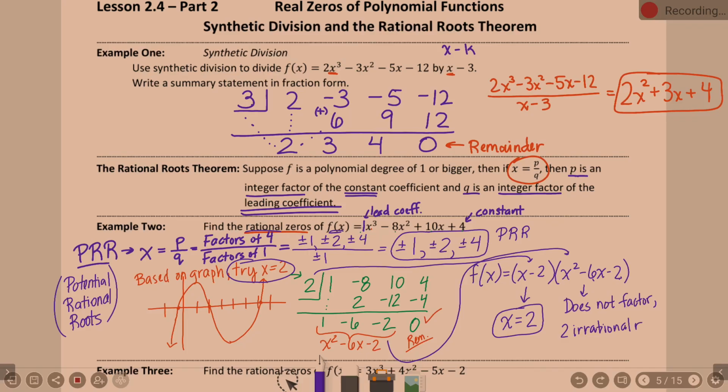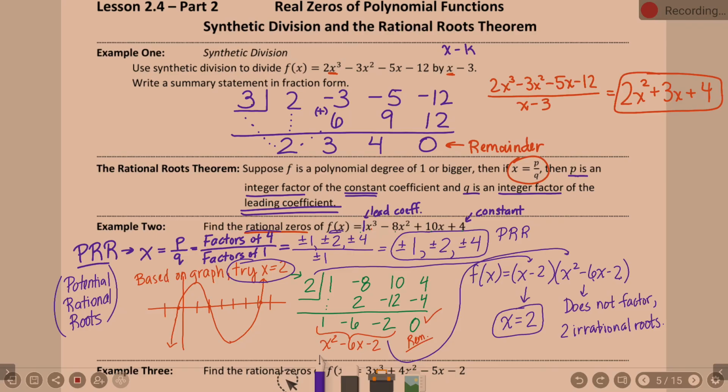And in all honesty, we're not talking about imaginary roots today, officially. That's the next lesson, okay? But I'm bringing it up because it ties in. Practice is going to make this better because we've got 2 more to practice with.